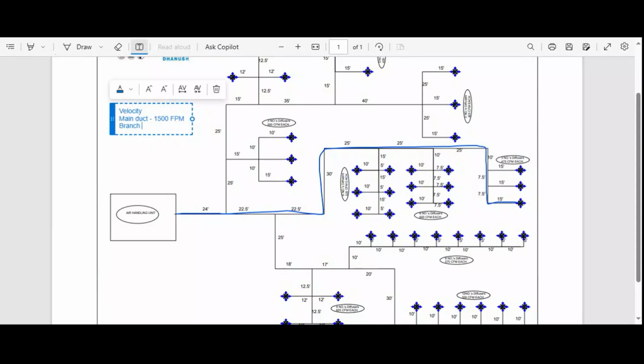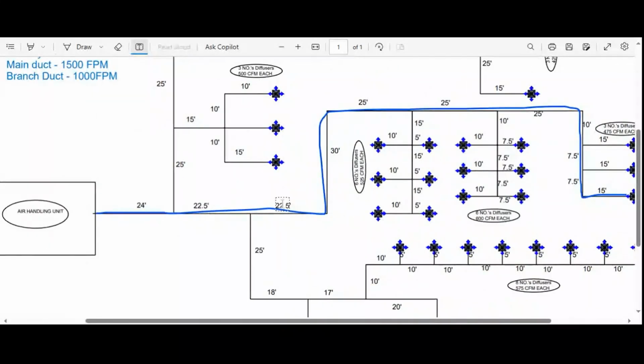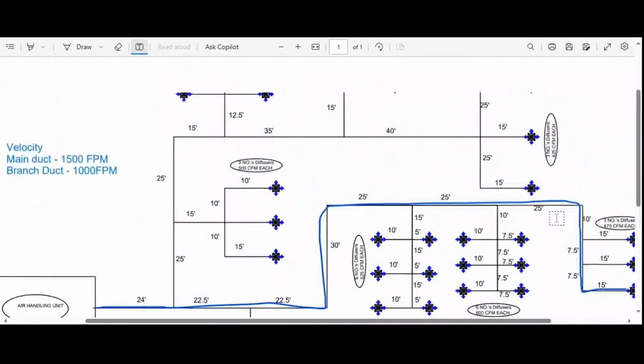For the branch duct, once you receive the material, I'll give the exact values and the page numbers. 1000 fpm. Okay. Next, don't consider these 24 feet, 22.5 feet, 22.5 feet. These are for drafting purposes, that will come later.